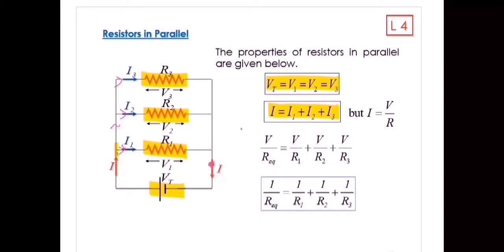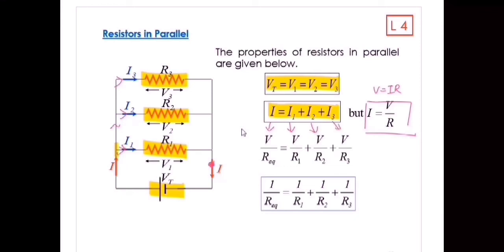So this time, we will rearrange it: since V equals IR, when we rearrange it, we will get I equals V over R. So we replace I with V over R, I1 with V over R1, I2 with V over R2, I3 with V over R3.